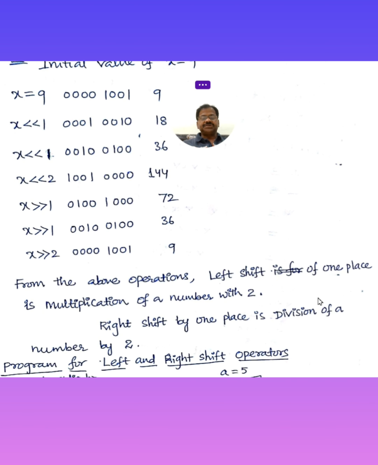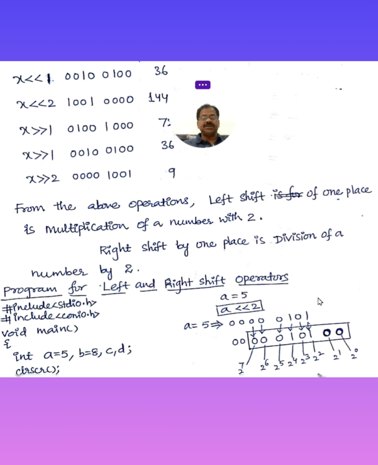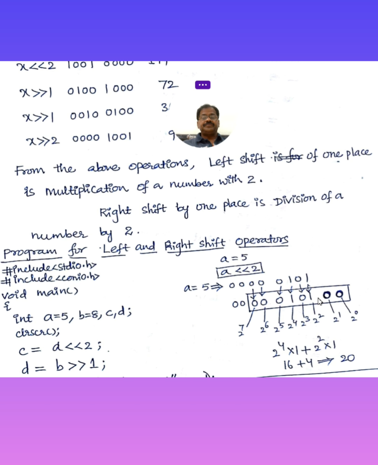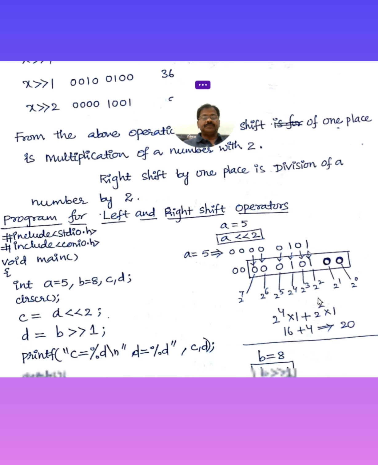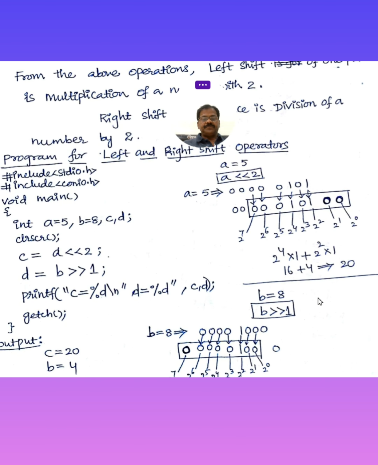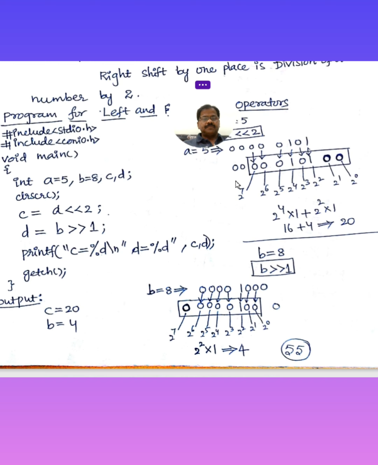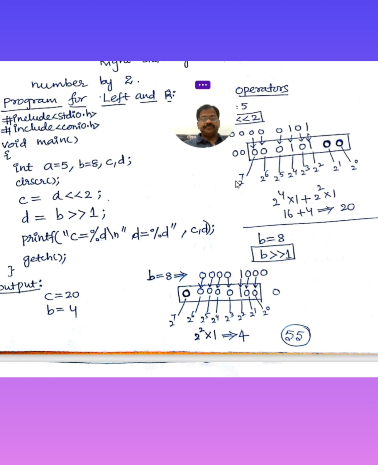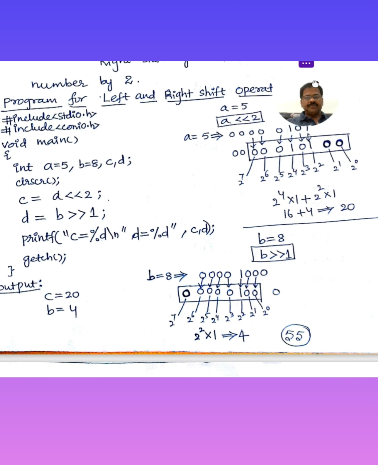You see here, left shift and right shift operators are used in multiplication and division. This is the example for left shift and right shift operators.